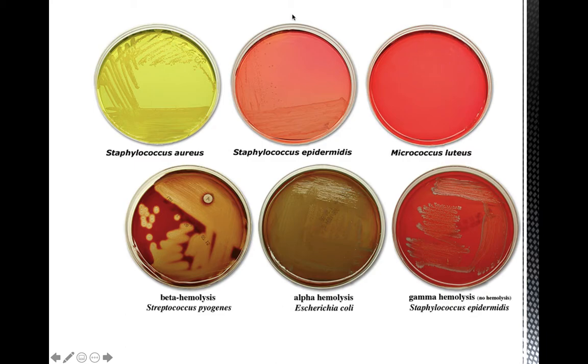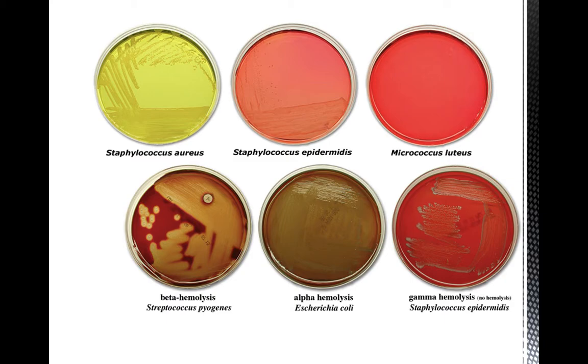Now, aside from being a selective medium, mannitol salt agar is also a differential medium. It can differentiate S. epidermidis from S. aureus. You can see the difference in the coloration, the color of the plate. Why is that?